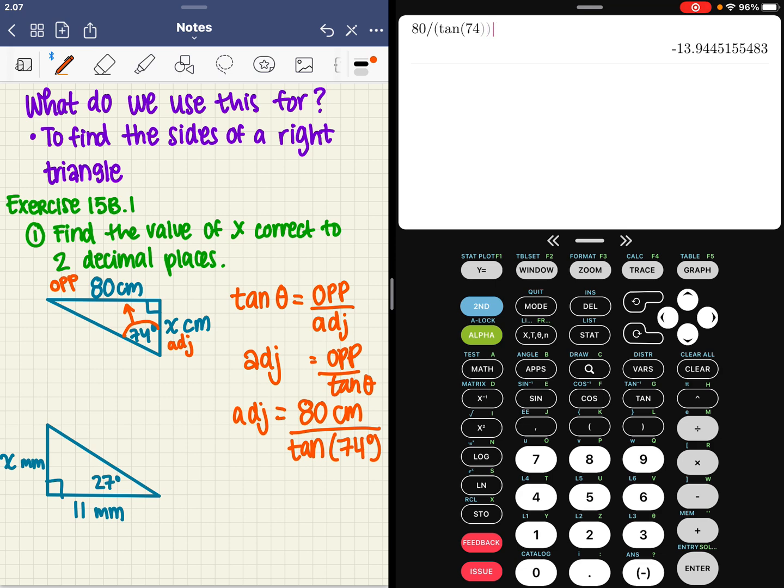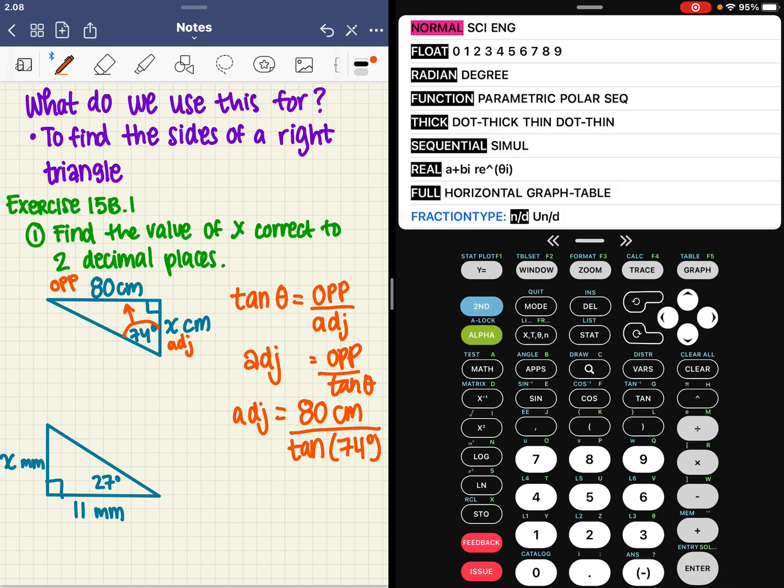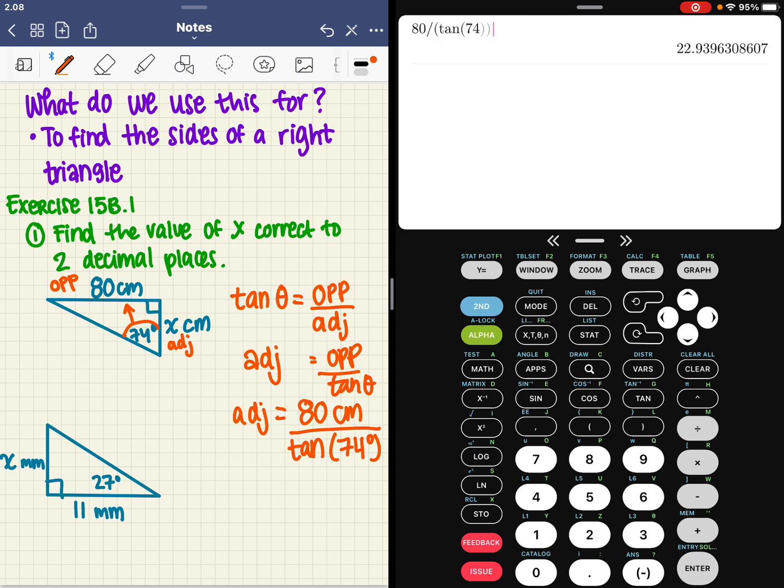Okay, and then before you do anything, we're just gonna check if your calculator is on degree mode. So degree mode, I meant like 74 degrees. To check that, you can click on mode. It's next to the blue button. See, my calculator right now is in radian. It shouldn't be in radian, it should be in degree. Okay, select that, and then clear.